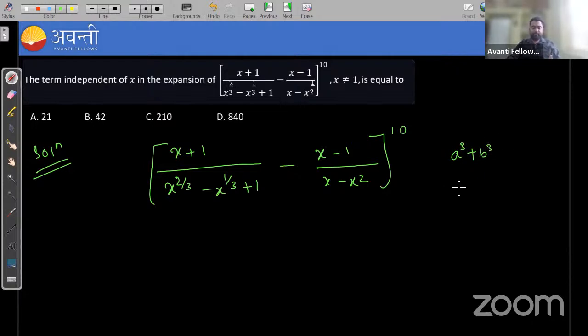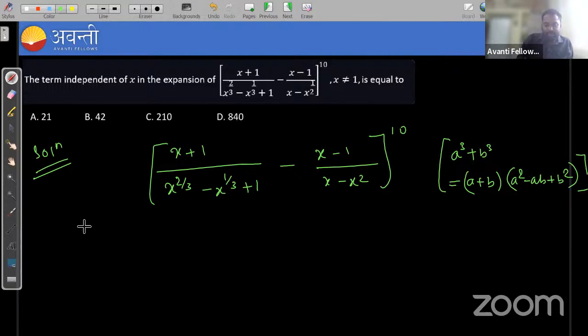Anyone can say? Yes, a plus b into a square minus ab plus b square. So it's an algebraic identity, we already know this.